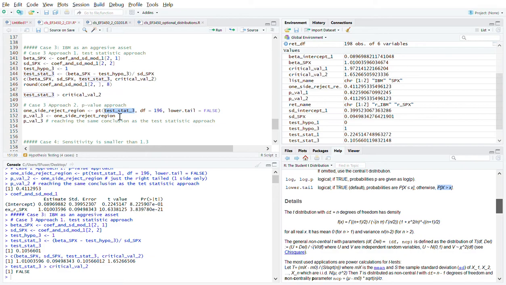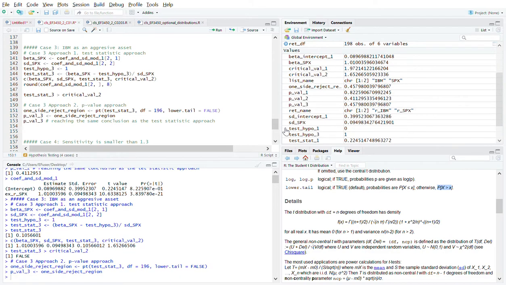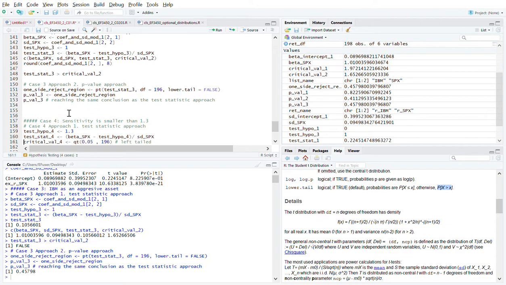Providing the test statistic as the first argument, with degrees of freedom equal to 196, and setting lower.tail equals FALSE, we get the shaded area in the right tail, and we don't need to multiply by 2 because this is not a two-sided test. The p-value is 0.458, which is still way larger than 0.05, and hence we cannot reject the null hypothesis. And that's it.